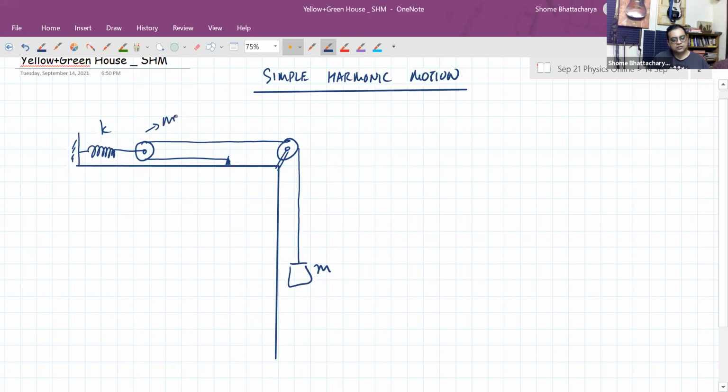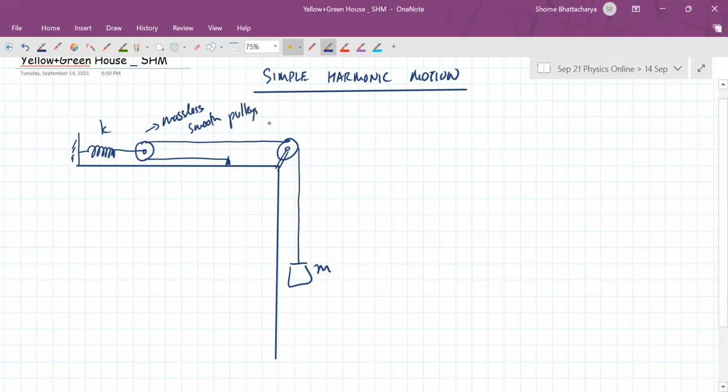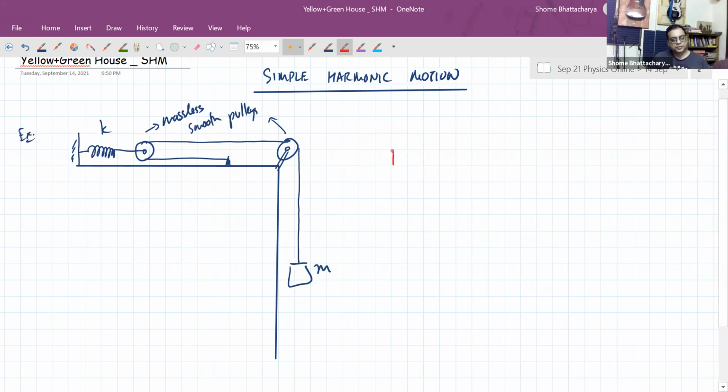Both of these are massless smooth pulleys. So in this example, the spring constant is given to us as 12 newtons per centimeter. The mass of the block is 3 kg. g is equal to 10 meters per second square.